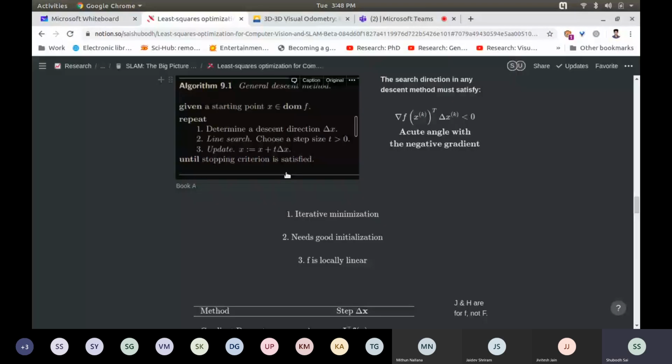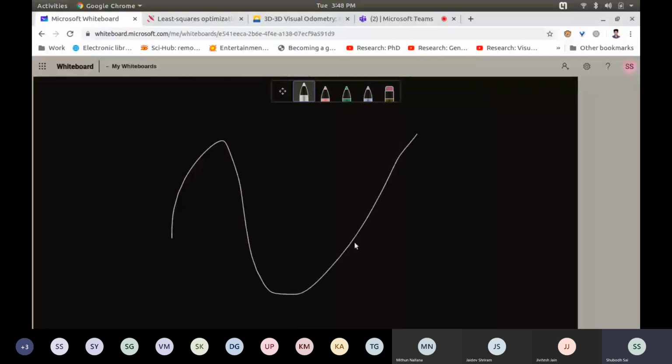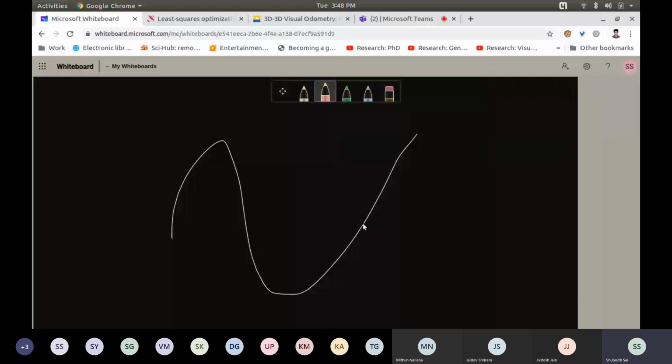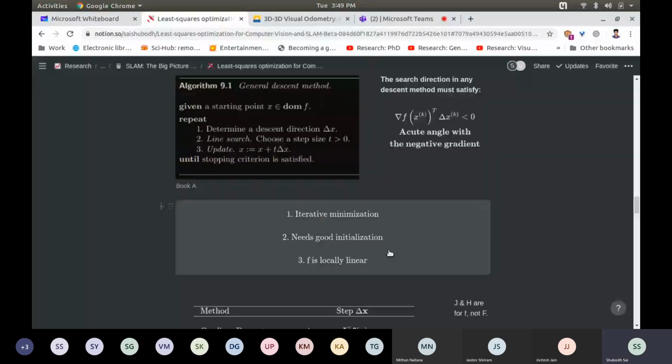Acute angle with negative gradient. So you have some function like this, and we want to find in which direction the gradient would be. The gradient would be in the direction of increase of the function, so it will be something like this. Now we are looking at this point, xk.